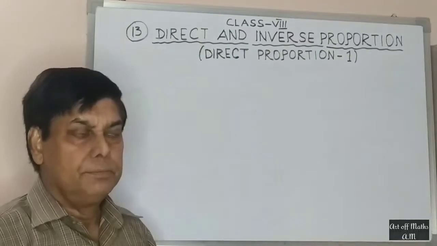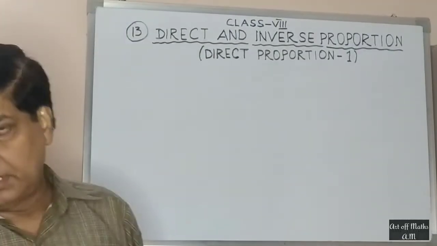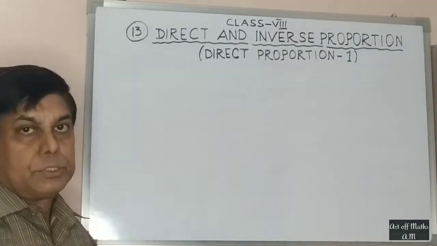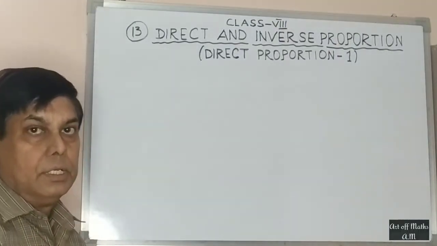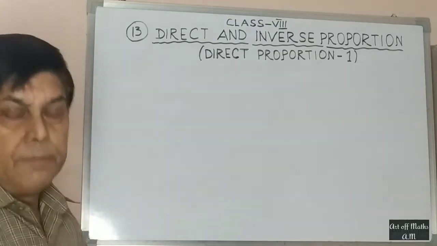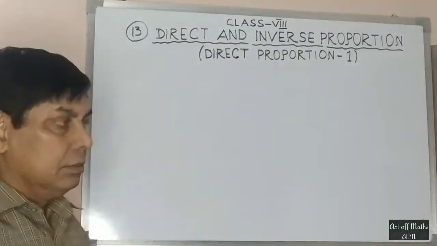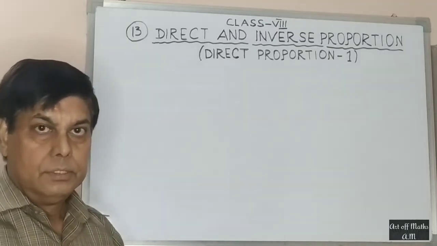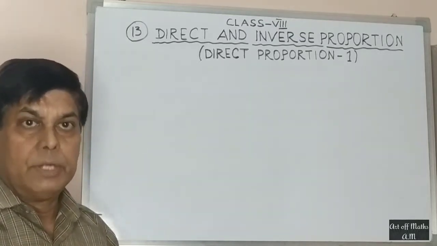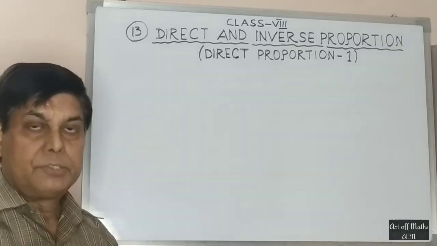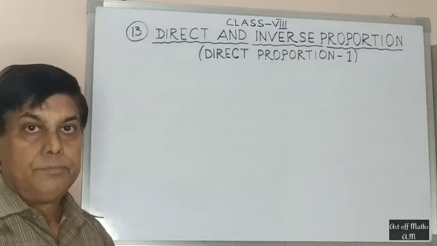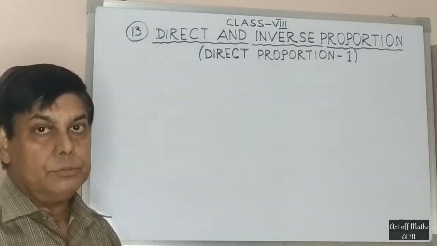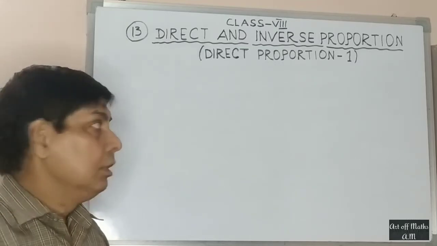Direct proportion means two quantities, say x and y, are said to be in direct proportion if, whenever the one quantity, that is x, increases or decreases, the other quantity, that is y, must increase or decrease in such a way that x by y equal to k, or constant.